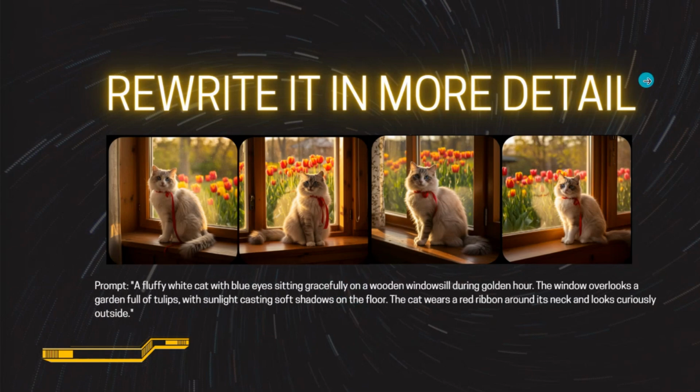But in the next slide, when we write it in a more detailed version, you see that all of the four results from the generated AI content are the same actually, but with minor differences. So here is the more detailed prompt that I have written through this workflow. Here I have specified the color of the cat and the state of it, a fluffy white cat. And I have also written the material of the window and other stuff.